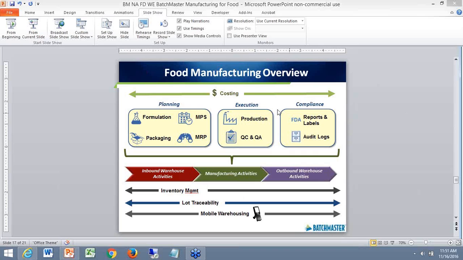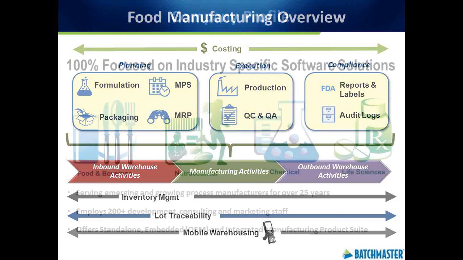As far as the planning aspect, the execution, and the compliance underneath the manufacturing activities supported by BatchMaster software for food, as well as some costing, inventory management, lot traceability, mobile warehousing capabilities that cross both inbound, manufacturing and outbound activities. Let me make that a little bigger. There we go.